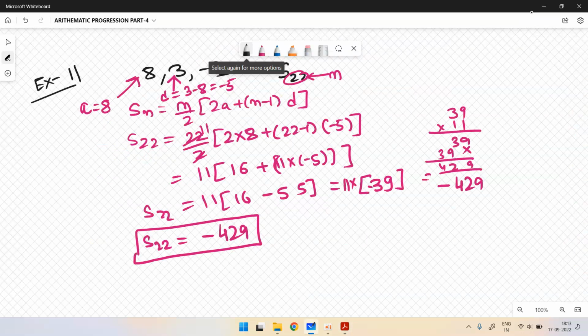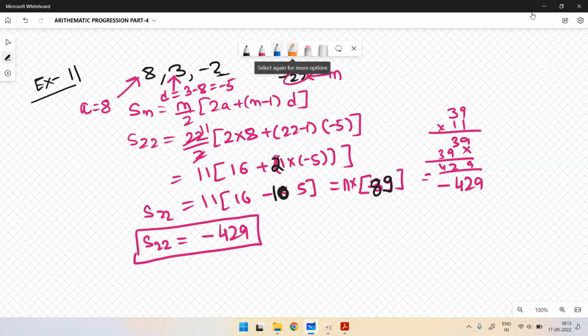Sorry, what I have done is wrong. This is 22 minus 1, which is 21, and 21 into minus 5 is minus 105. If you subtract 105 from 16, this becomes minus 89.